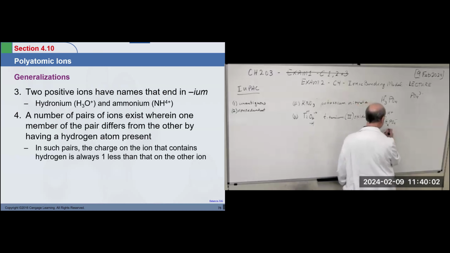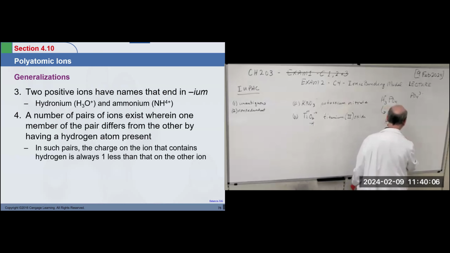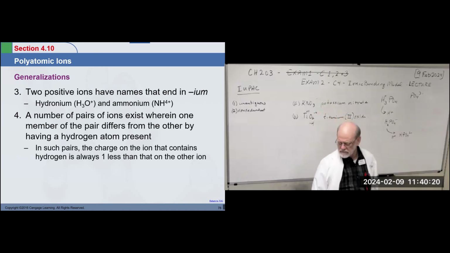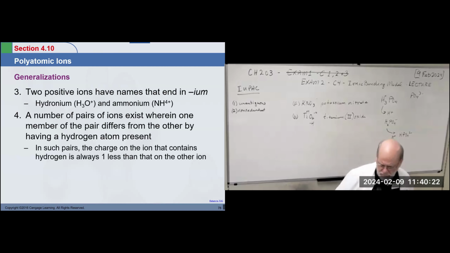We take another hydrogen away. Now we have 1 hydrogen and our phosphate, only now it's a 2 minus charge. So that's monohydrogen phosphate, or, look it up. Because by our naming convention, I shouldn't have to say monohydrogen phosphate.